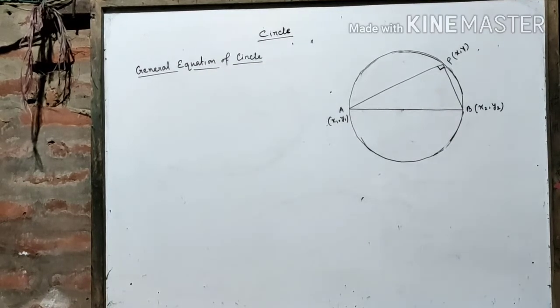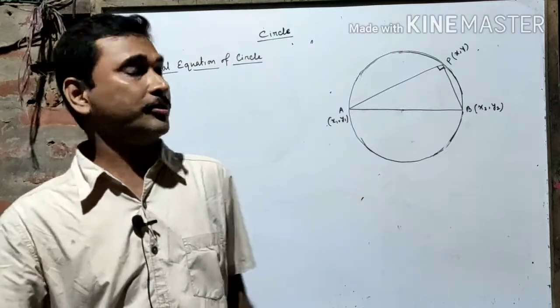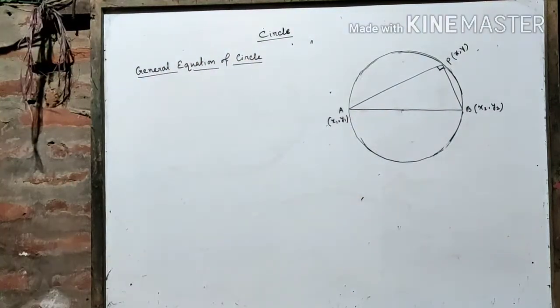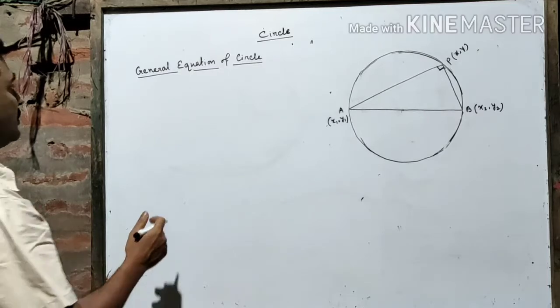Next, we will discuss the general equation of a circle. Though this is not exactly in your syllabus, I think it will be helpful if you know this general equation of a circle.